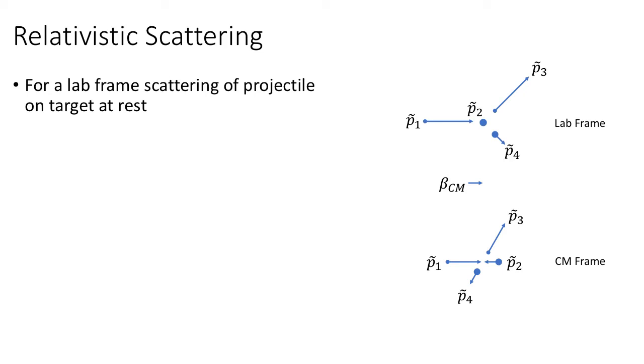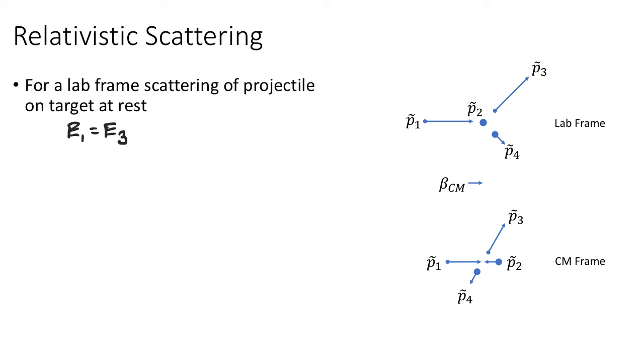For looking at the conserved quantity T, it's interesting to look at the elastic scattering case, where in the center of mass, the initial energy and the final energy of the scattered particle are the same. That's what it means for elastic scattering in this case.